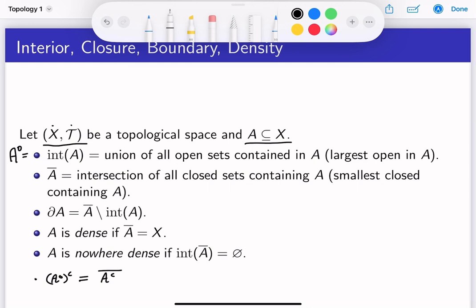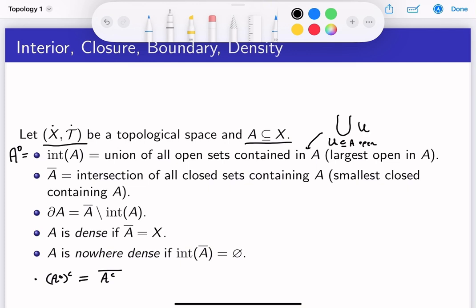It's called the interior of A. And what it is, it's the union of all open sets contained in A. So if we want to write it in terminology, we can say it's the union of all the sets U that are contained in A and open, and I'm unioning all of these U's.